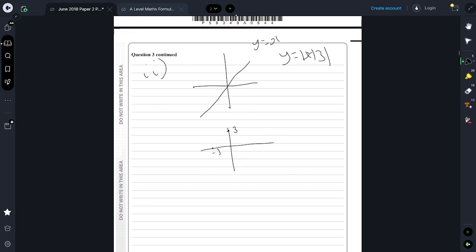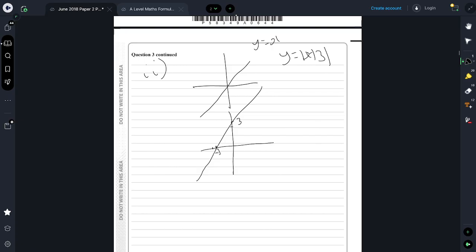Okay, say that is our graph then. So that's 3 and that's -3 here. Obviously, do this with a ruler. The problem is I don't have a ruler and I don't have a stable writing pad either. So it's vaguely like that, I guess. That's 3 and that's -3.